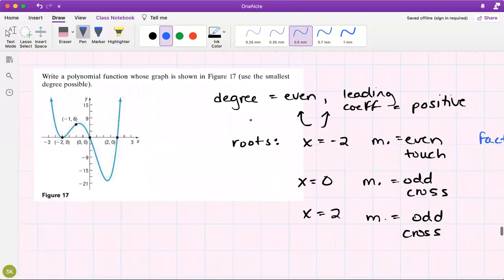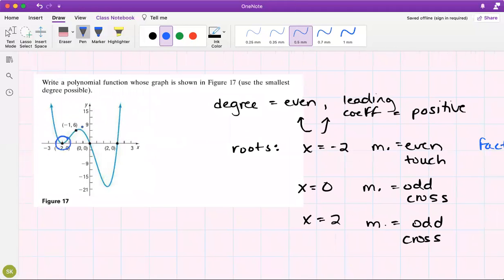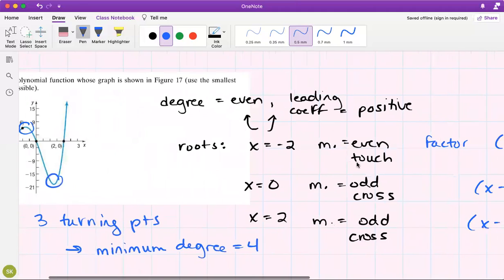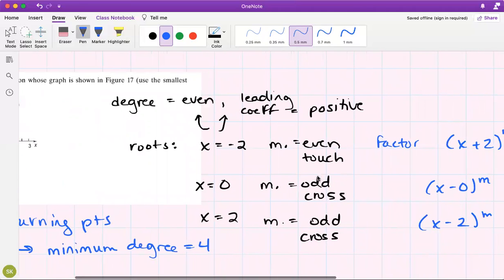Let's also count the number of turning points. We have 1, 2, 3 turning points, which means the minimum degree is 4.